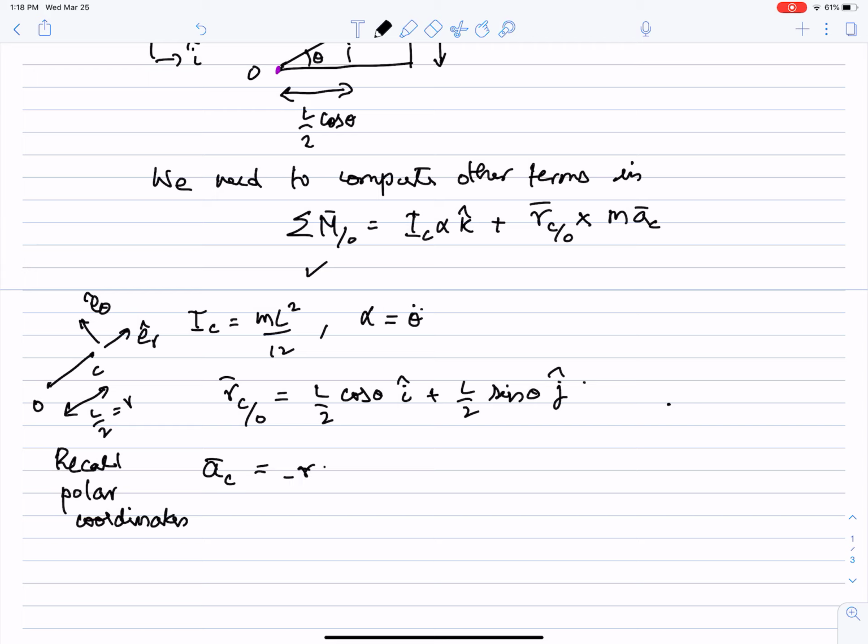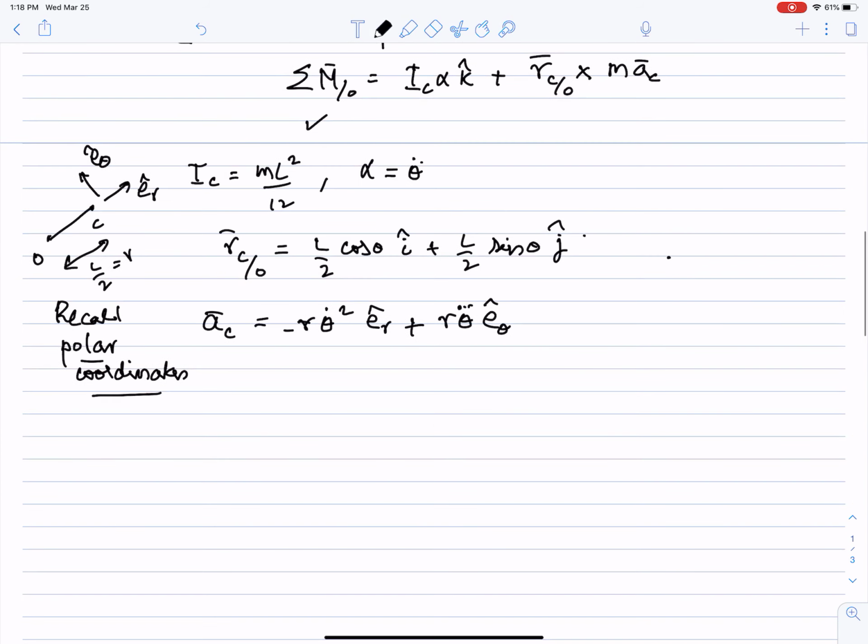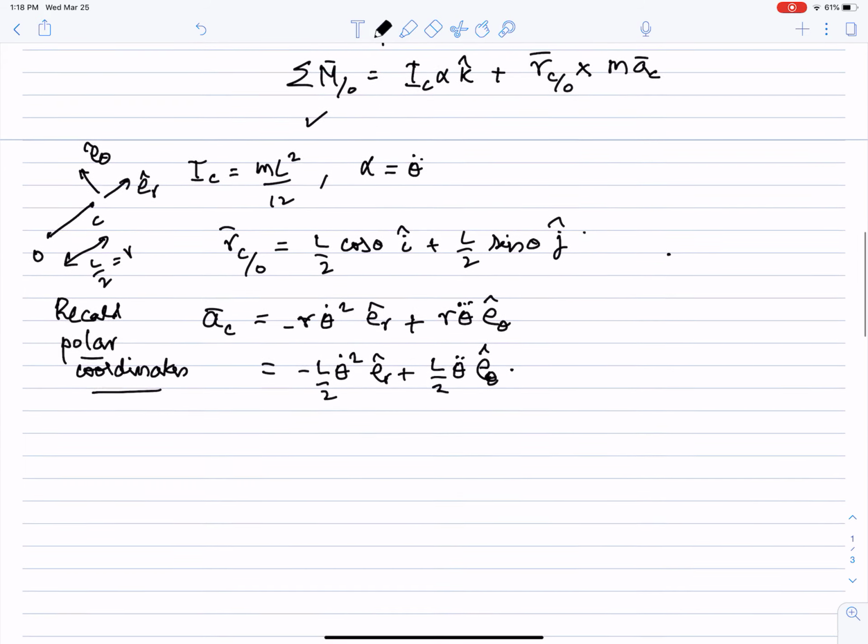This is our old polar coordinates formula for acceleration. And you can just substitute R equals L over 2 to get this formula. Okay, so that's the acceleration.